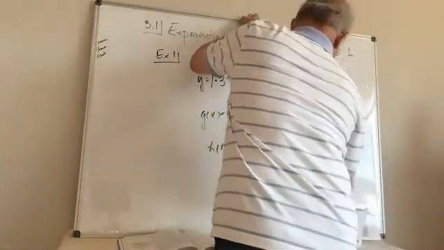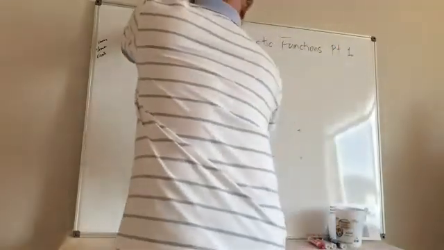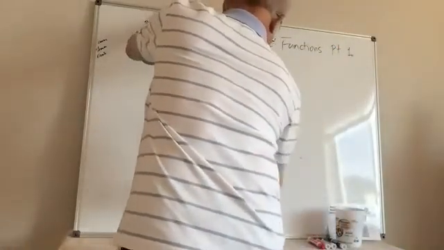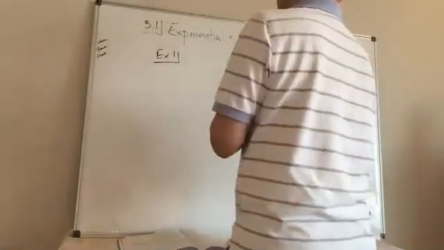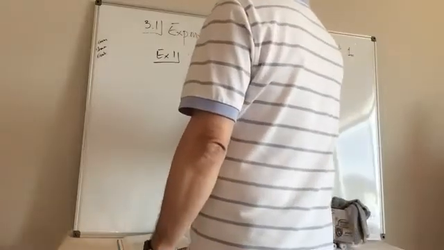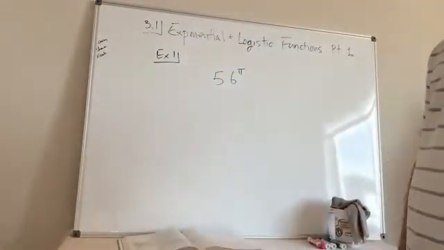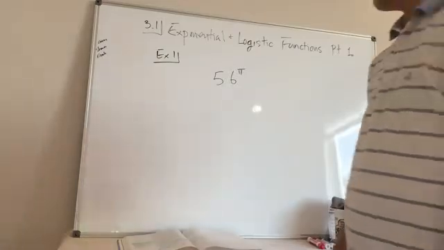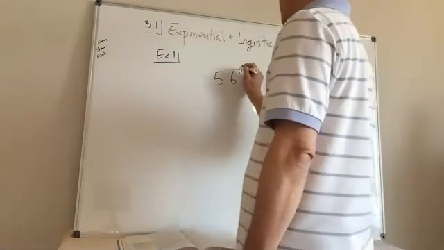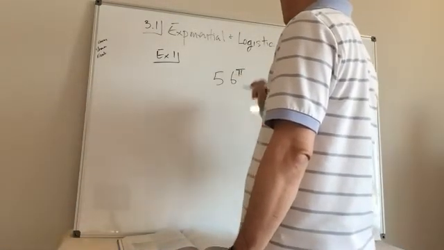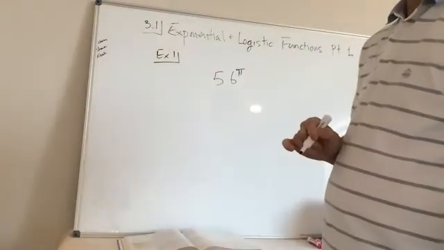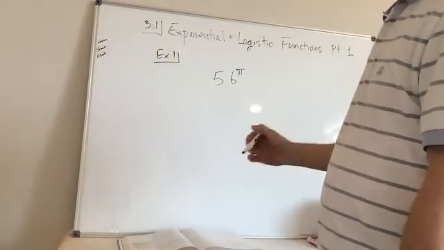Then the last but not least, we have 5 times 6 to the pi. Five times 6 to the pi. And is this a power function? Is this an exponential function? This is not a function, right?